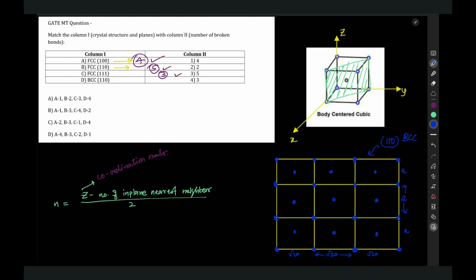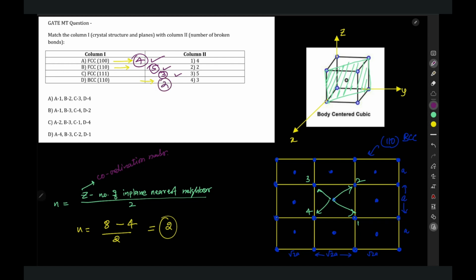In this case, we can see that the nearest neighbor in-plane atoms are this one, this one, this one, this one. So there are four nearest neighbors. For calculating the number of broken bonds for the BCC 110 plane, n equals the coordination number, which is 8 in case of BCC, minus the in-plane nearest neighbors, 4 divided by 2. So we will get 2. So for case D, we will get 2 broken bonds.